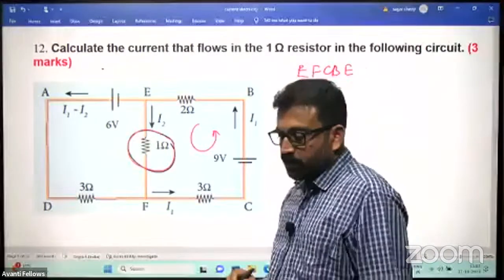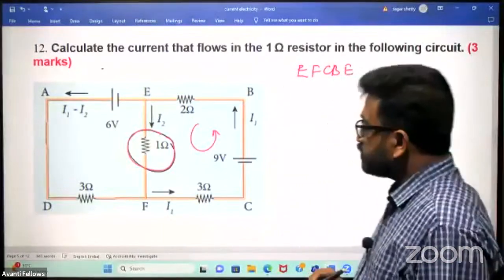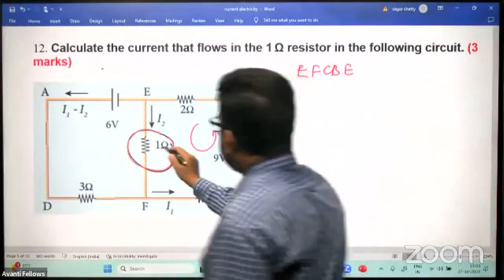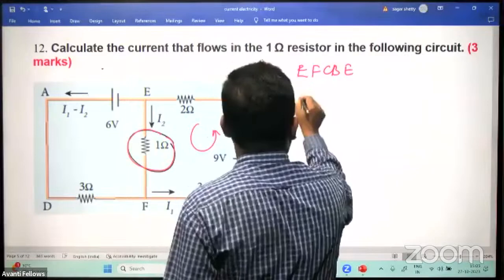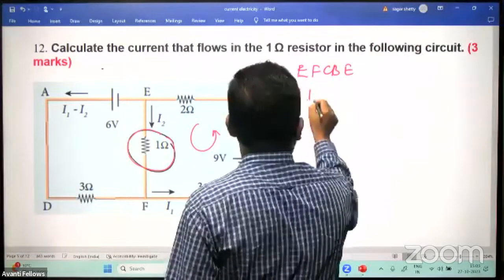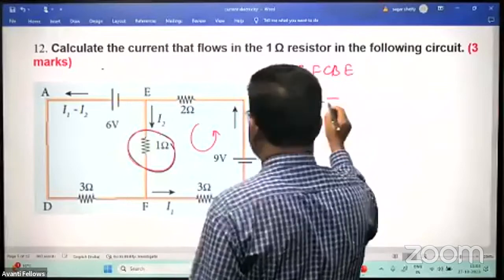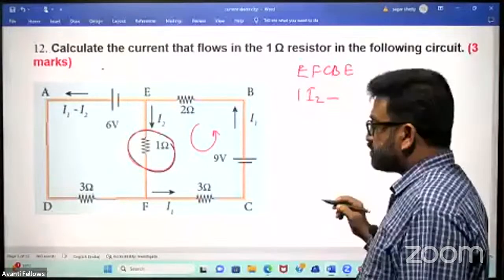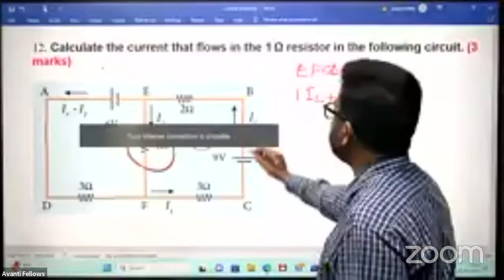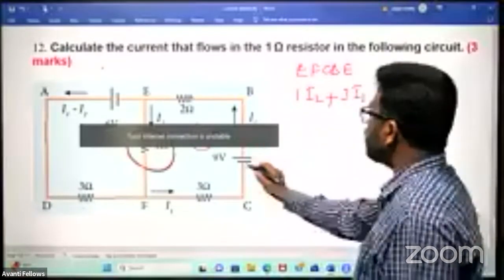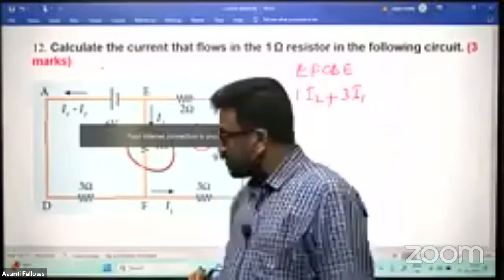First one is I2. 1 ohm here and I2. So 1 I2 minus, sorry, plus 3 I1. It is coming to negative and going to positive.